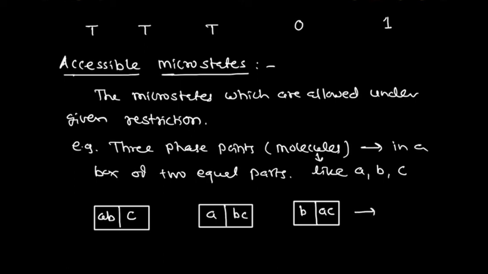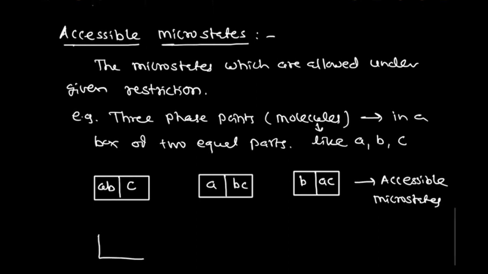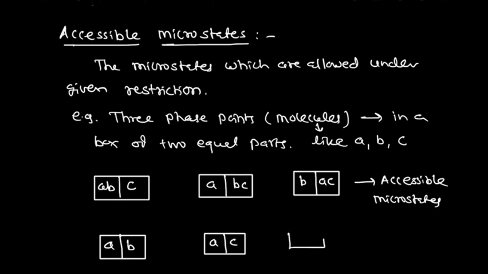Therefore, these are the number of accessible microstates. But in the case if one of the phase points is outside the box, like C is outside the box, here B is outside the box, here we write A is outside the box.